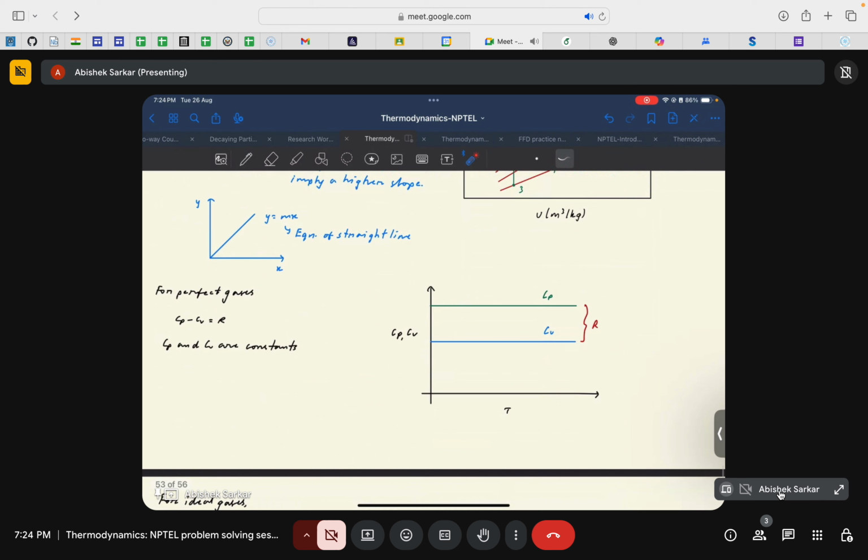Now I will go through this very quickly, since sir already discussed it. For calorically perfect gases, Cp minus Cv is equal to R, a constant value, and Cp and Cv themselves are constants.